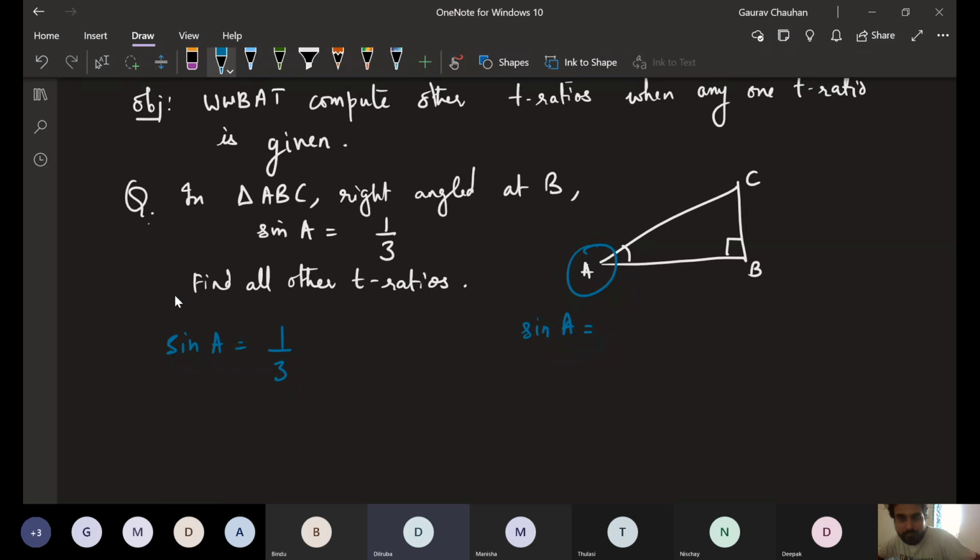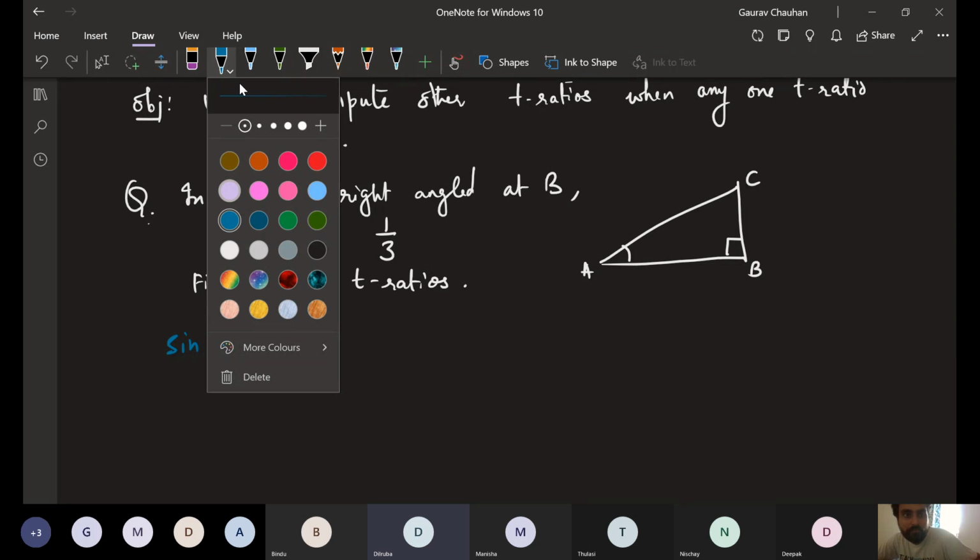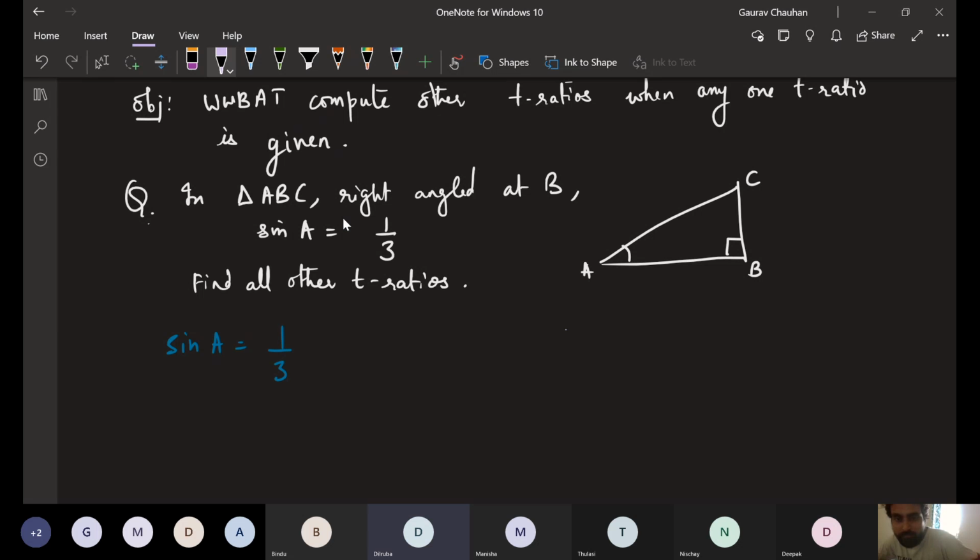In place of theta, I'm just using A here. It can be anything, basically the angle A, right? Tell me, Dilruba. Opposite side is CB, sir.